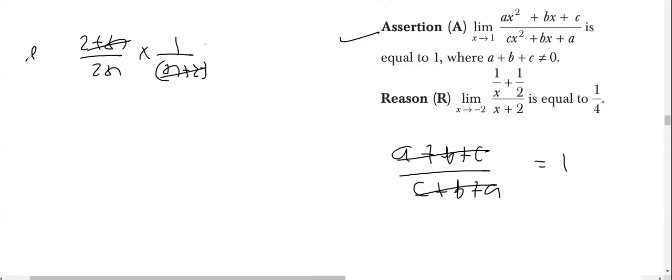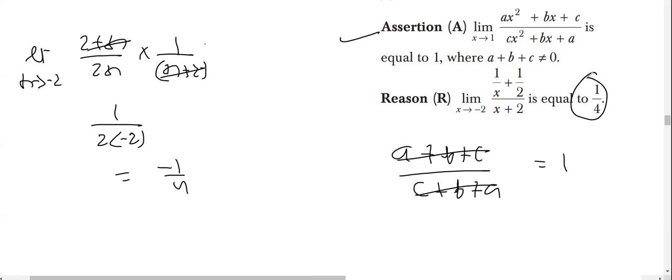Replacing x with -2, it is not in the form of 0 by 0 or infinity, so it will be -1 over 4. So this is 1 by 4, right? So therefore the reason is incorrect. In that case, you should write C as the correct option for this.